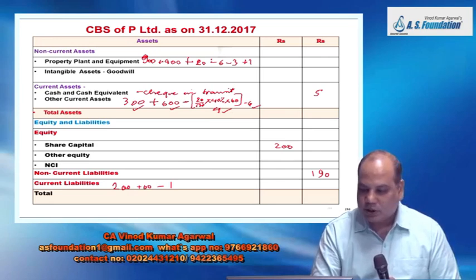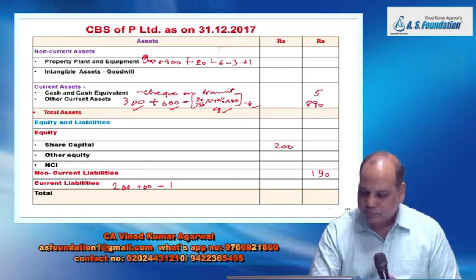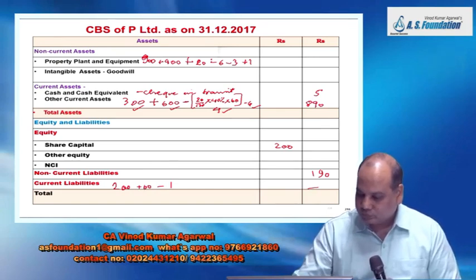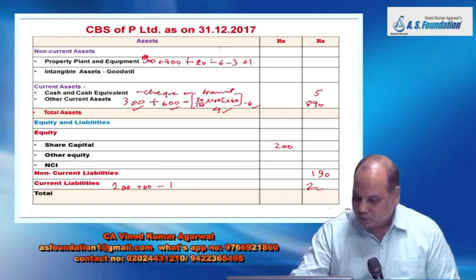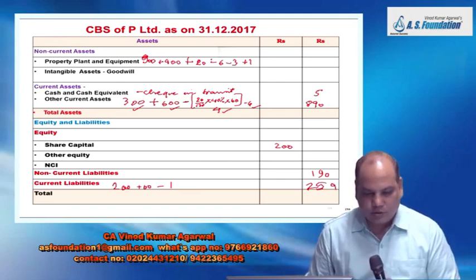Now you tell me the current asset figure also in the outer column. 300 plus 600 minus 4 minus 6. 890. Tell me the current liability figure in the outer column. 200 plus 60 minus 1. 259. Okay, very good.